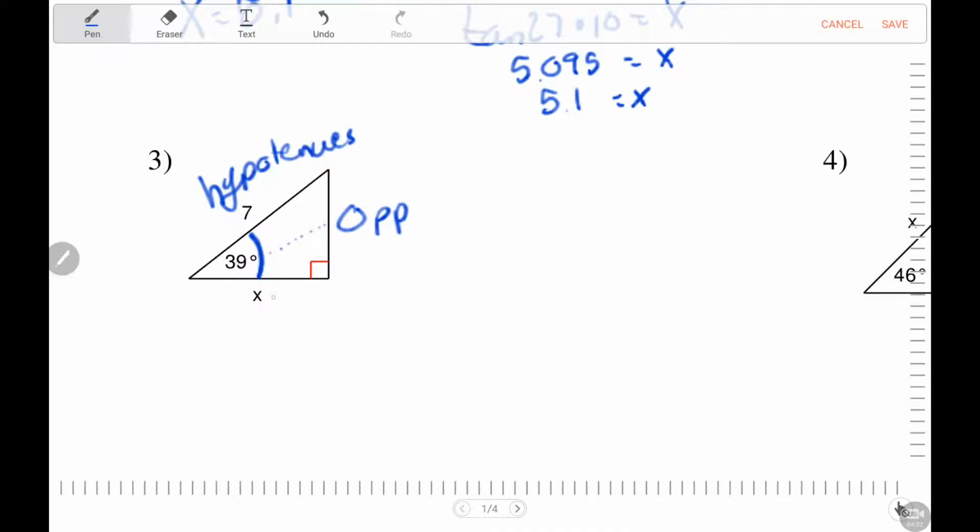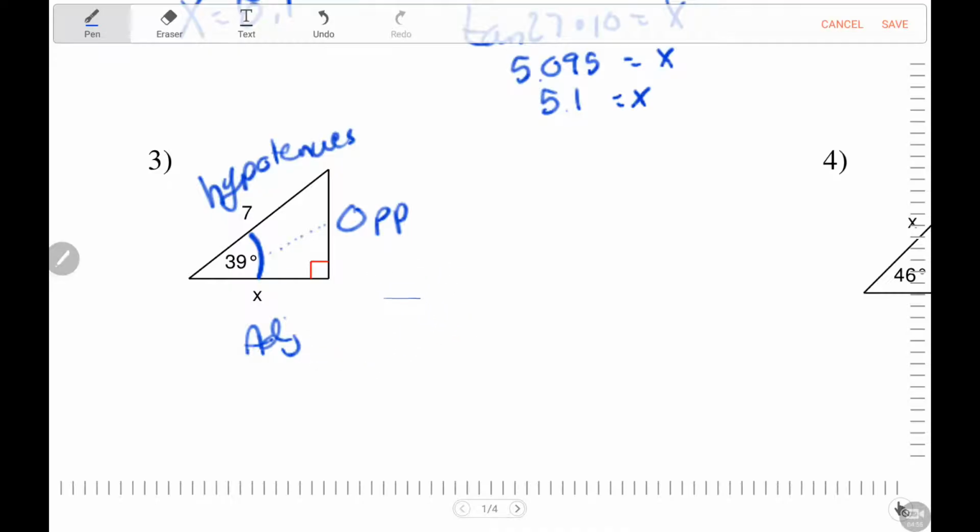And the other side that's making up the angle is the adjacent. Now, this is not always going to be the case. This could be turned. It could be like this, and the 39 could have been here. You'd still have the opposite side here. It would have just been rotated. So just be mindful of that.